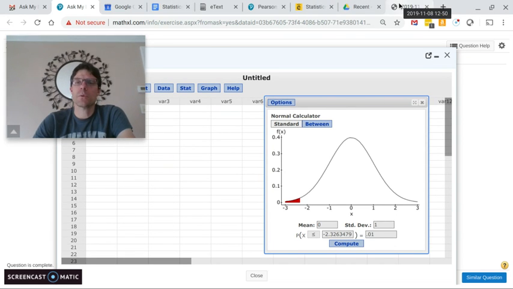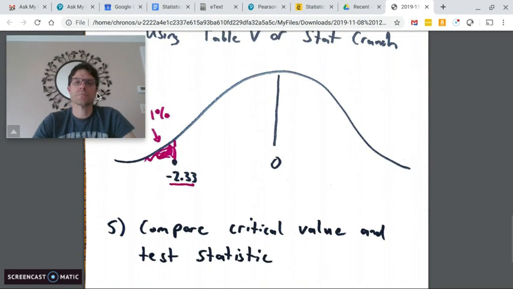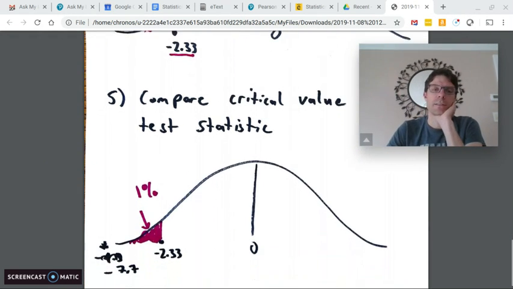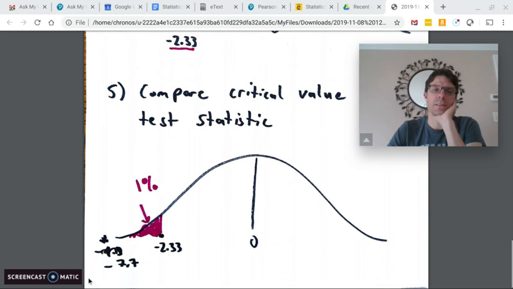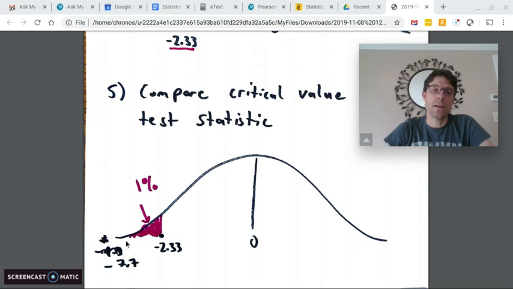The rounding is not that important here because you'll see our test statistic and critical value are nowhere near each other, right? Like the test statistic's all the way out here at negative 7.7. It's way off the charts, and probably has a p-value of, I don't know, just a minuscule p-value, much less than 1%.